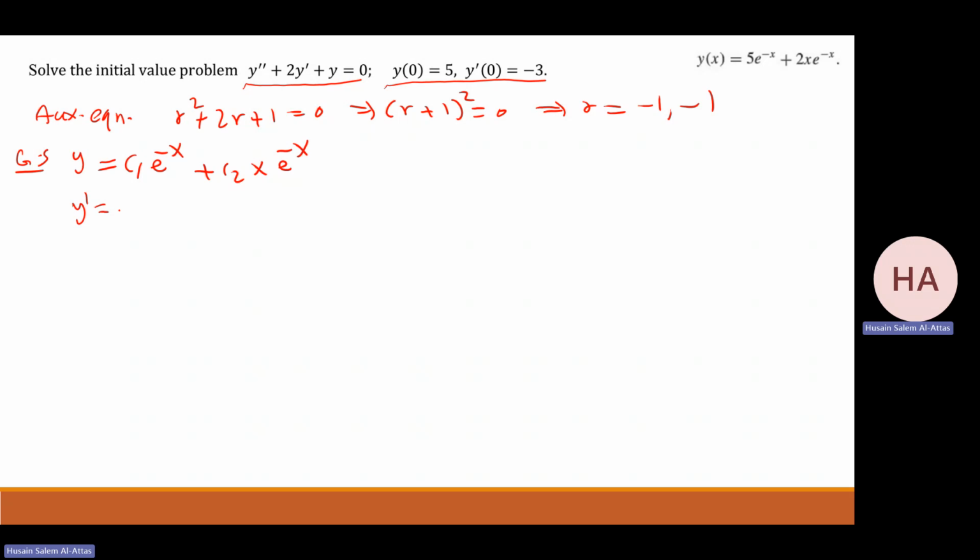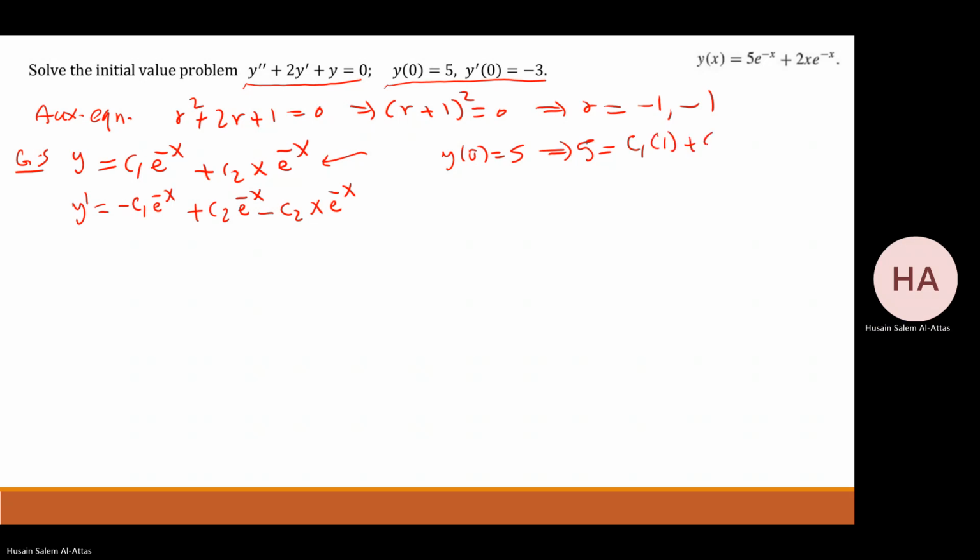So I need y prime. That will be minus c1 e to the minus x, plus c2 e to the minus x minus c2 x e to the minus x. I apply the condition y at 0 equals 5. That implies 5 equals c1 times 1 plus c2 times 0 times 1, so c1 equals 5.